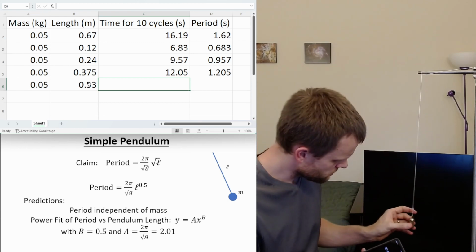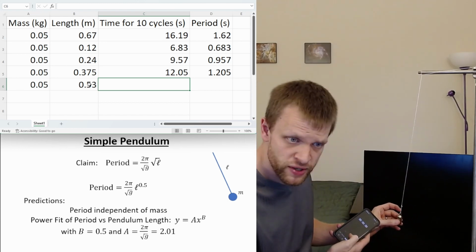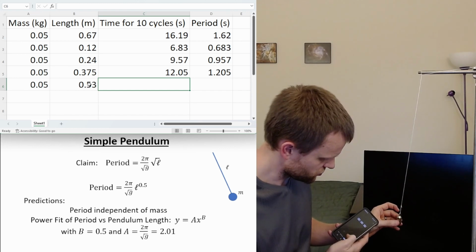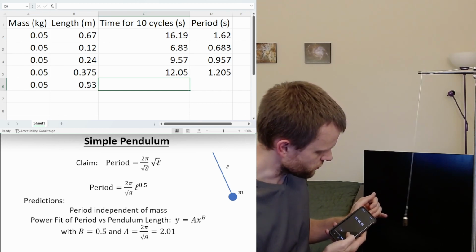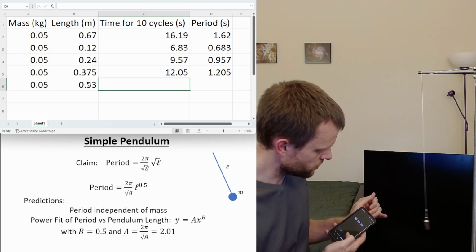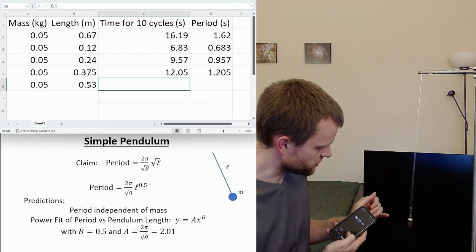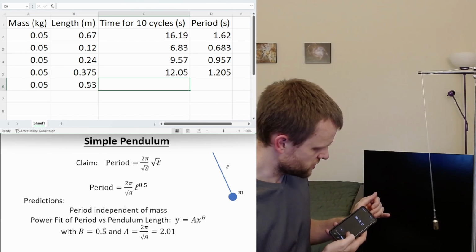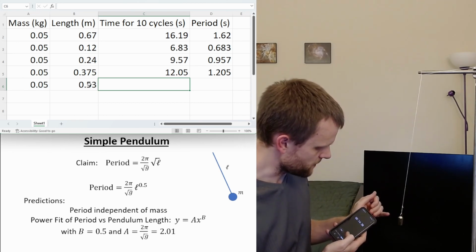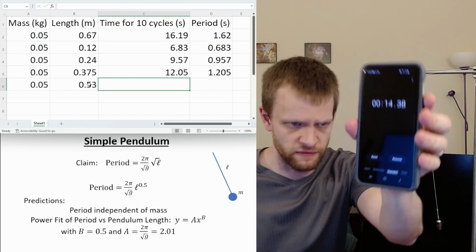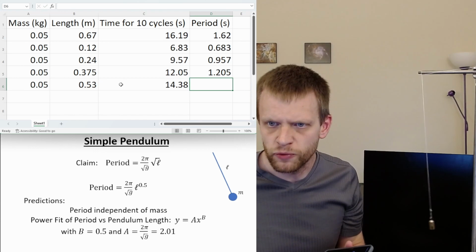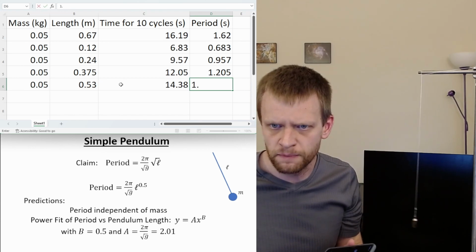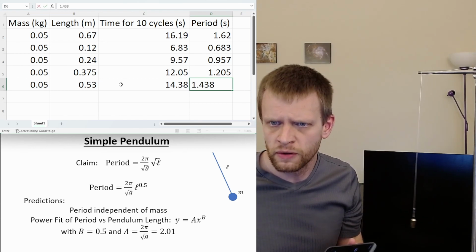So reset, move to the side, and 3, 2, 1, start. 1, 2, 3, 4, 5, 6, 7, 8, 9, stop. I got 14.38. So for 1 cycle, that would be 1.438.